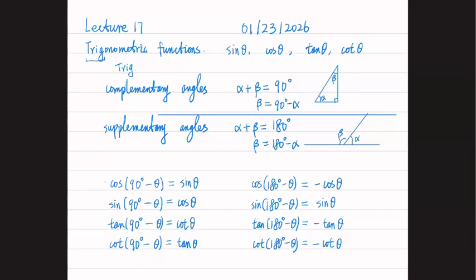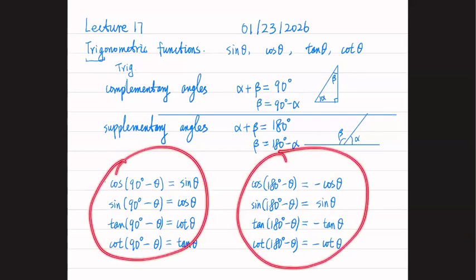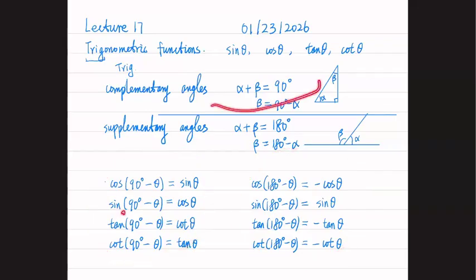this is the difference and similarity between these two groups of formulas. One for complementary angles, one for supplementary angles. For complementary angles, switch, but for supplementary, one stays the same, still positive, but the other three are negative.